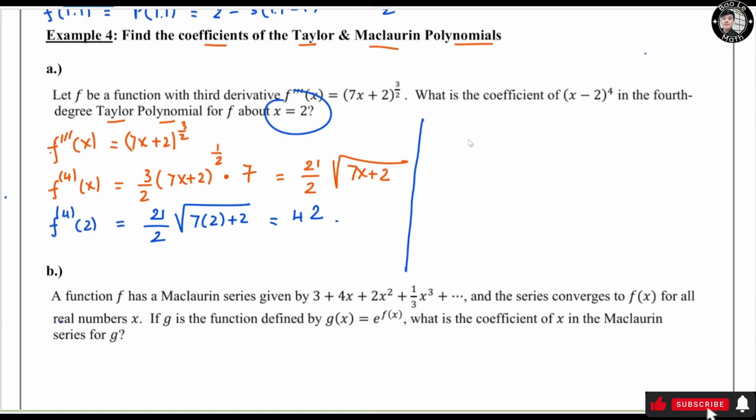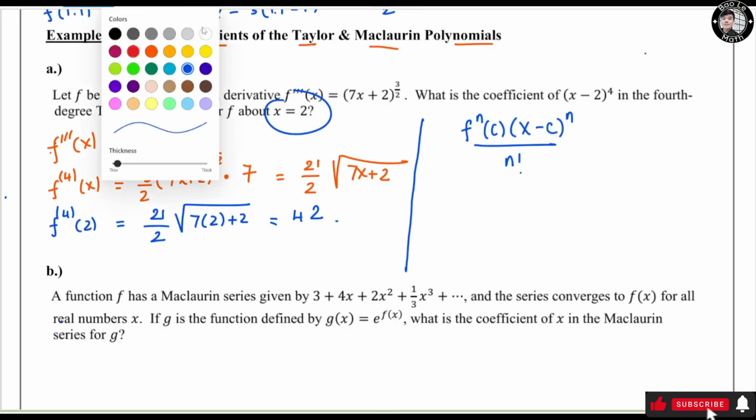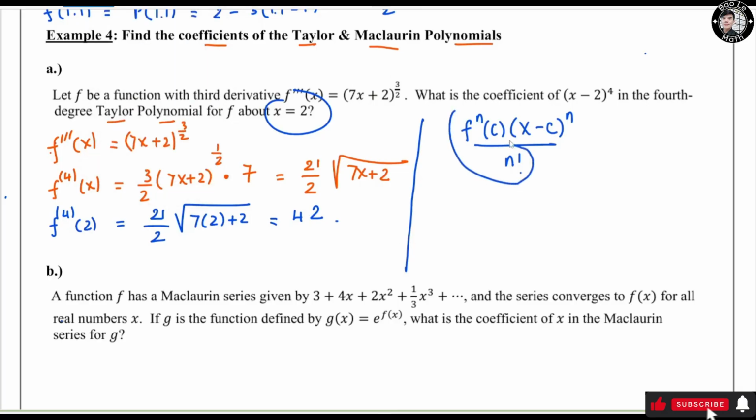So remember, the general term of the Taylor polynomial is given by the formula f n of c times (x minus c) to the n over n factorial. Now this coefficient is this guy right here.